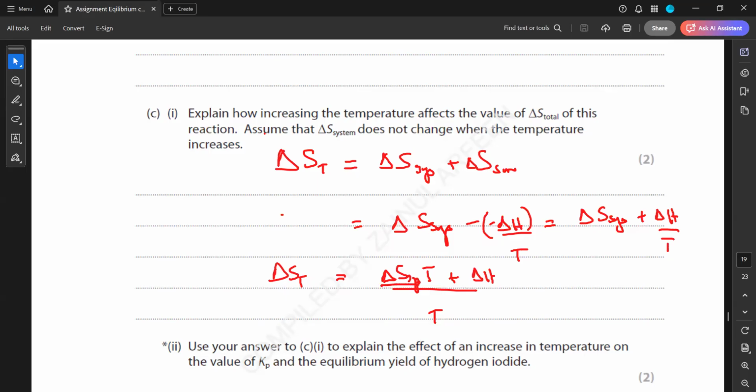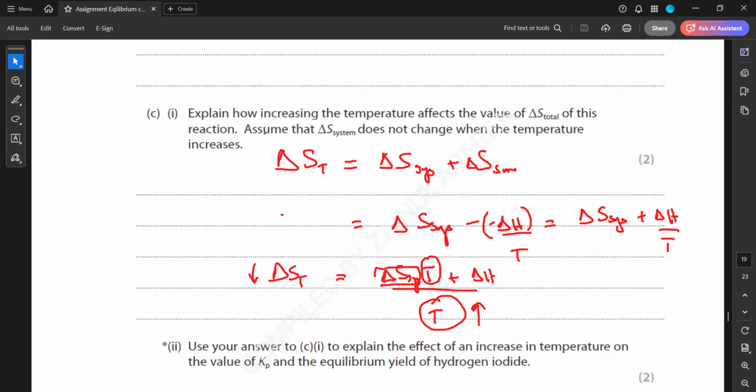This is not changing, this is increasing, but the temperature is also increasing. So if there's an increase in temperature, what will happen to total entropy? The total entropy will decrease.